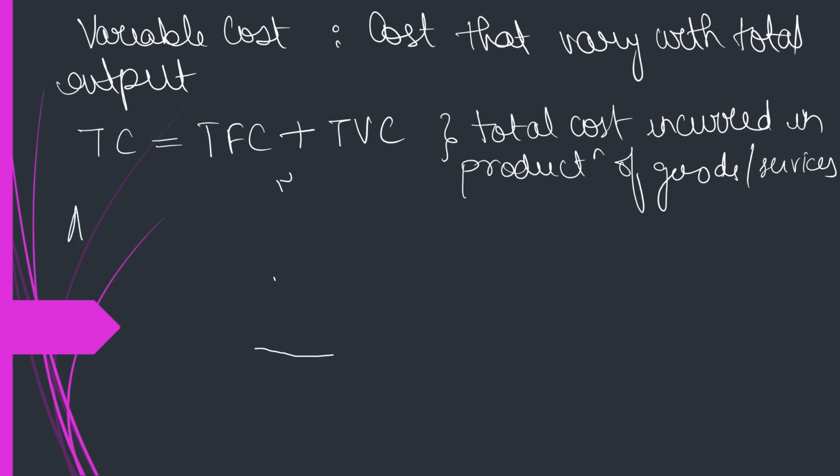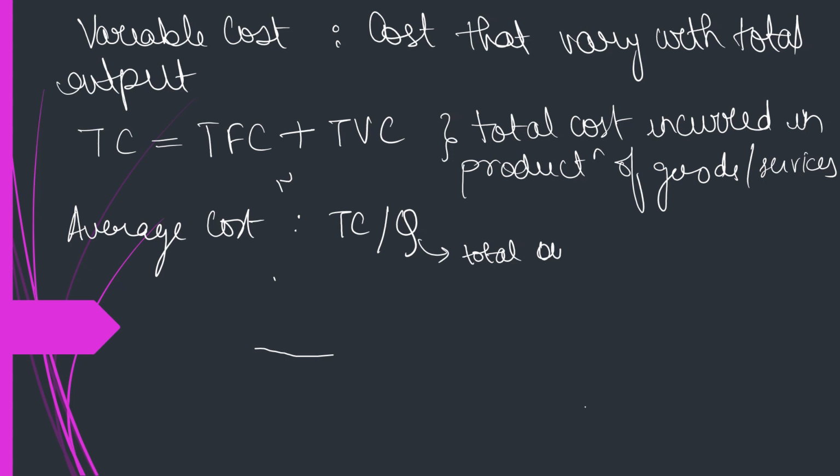So average cost. Average cost is the total cost divided by Q. Q is your total output. Marginal cost.